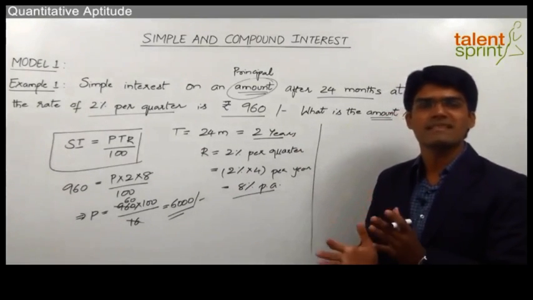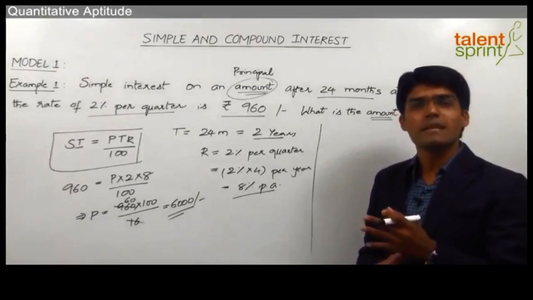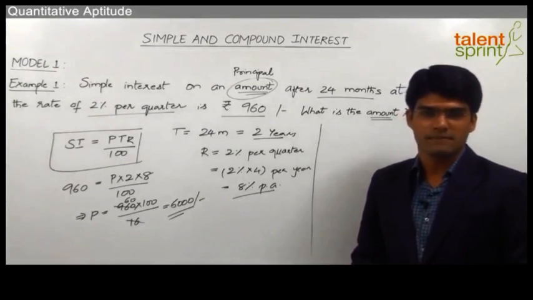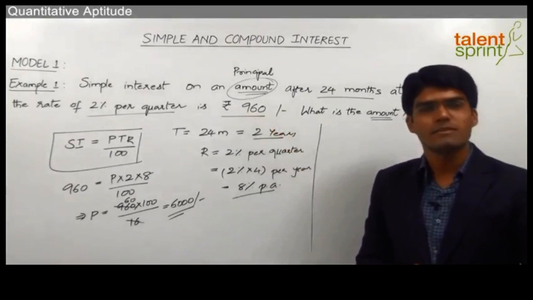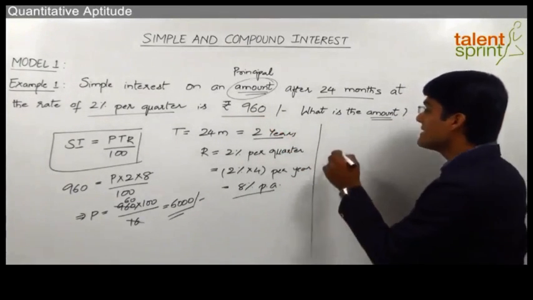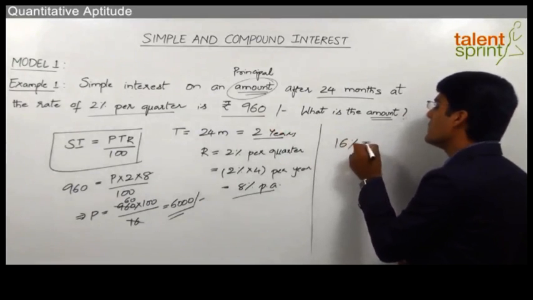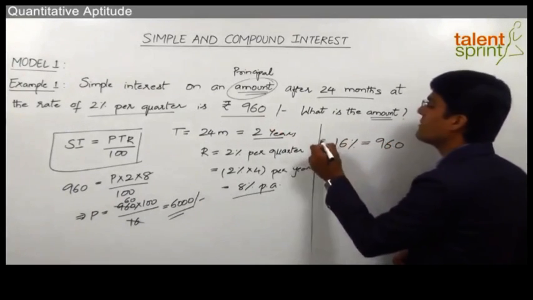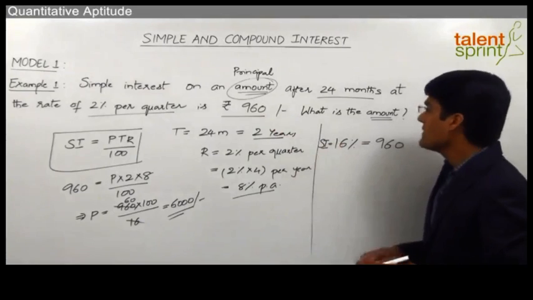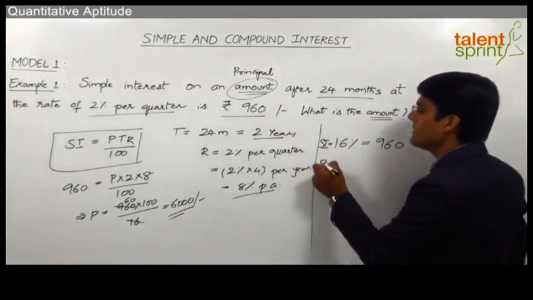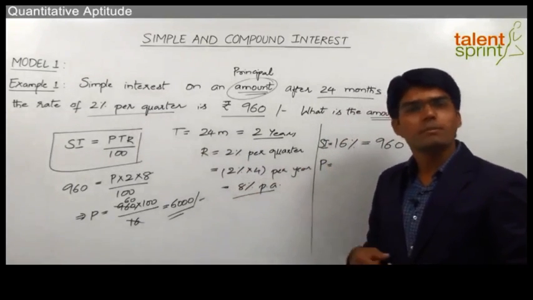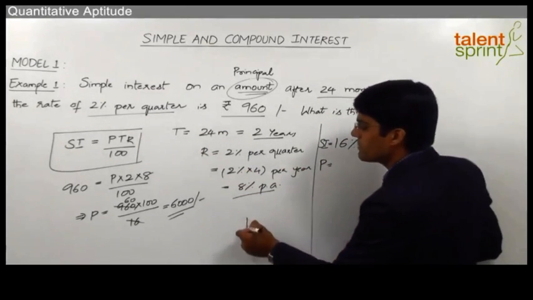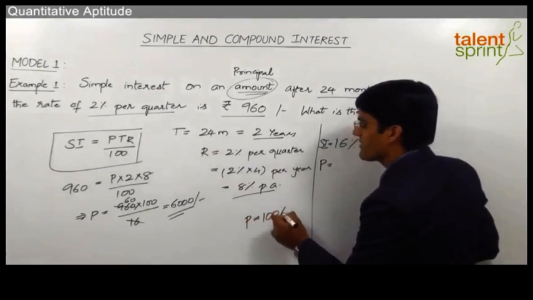So the total interest obtained here will be 8 plus 8, that is 16%. And as given in the question, the interest is equal to 960 rupees. So we can understand that 16% of the value is equivalent to 960. This is nothing but the simple interest, and we are supposed to find out the principal P. Now, since all the calculations here are always done on the principal amount, remember, the principal should always be taken as 100%.